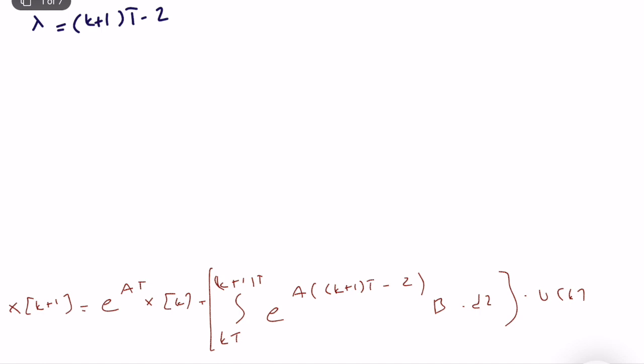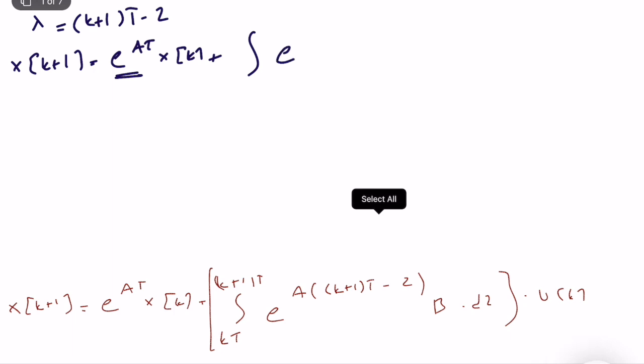Then x[k+1] is e to the power AT x[k], which is the most important part anyway, plus the integral. Inside it, this is equal to e to the power A lambda times B. So what is d tau?